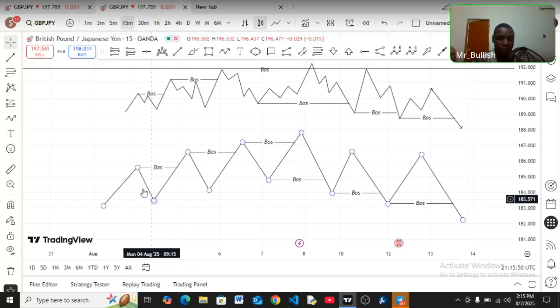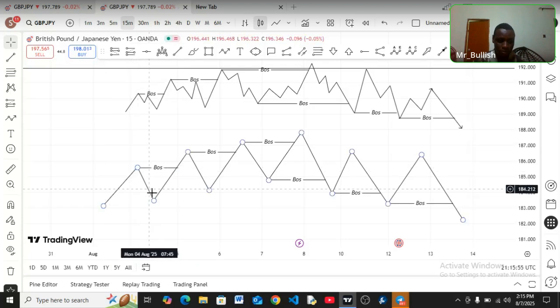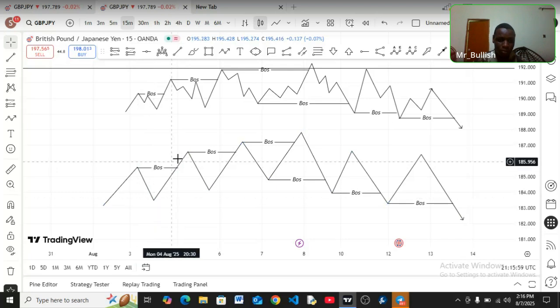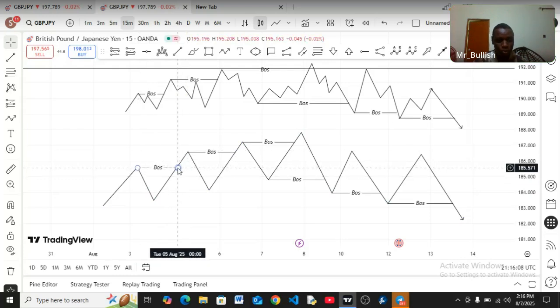The market left here to this point and retraced down to this point, then created another break of structure. It's called a break of structure because this particular market structure was broken to the upside.